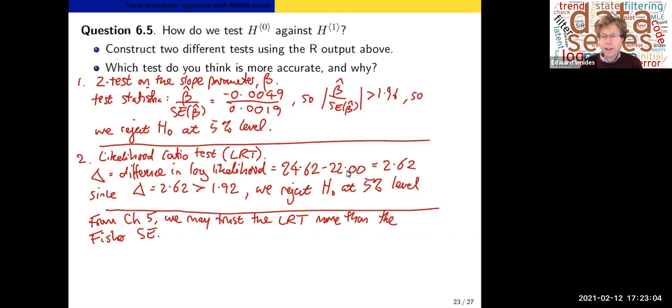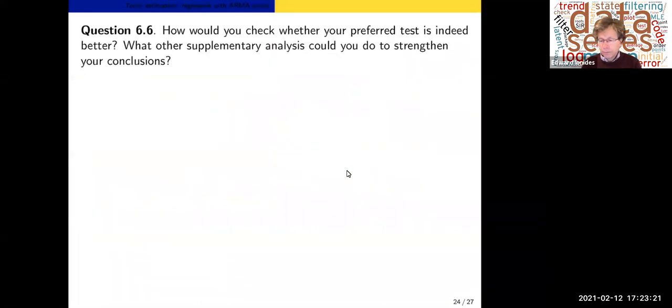Well, it's a Fisher standard error because R is doing exactly what it does with ARMA models. It's calculating the standard error by numerically estimating the second derivative of the log likelihood at its maximum, which is the Fisher information. Okay, how would we check whether our preferred test is indeed better, and what supplementary analysis could we do to strengthen the conclusions?